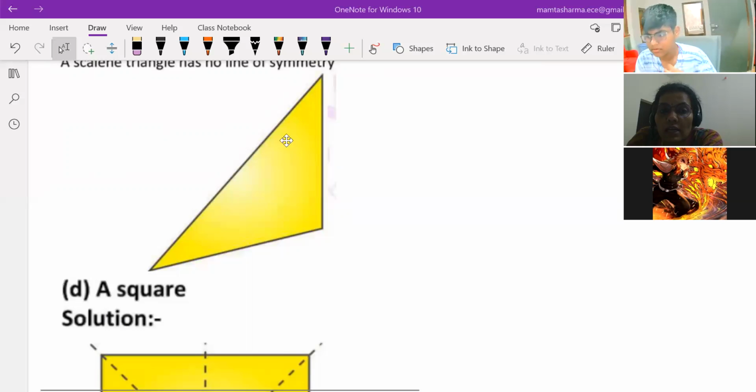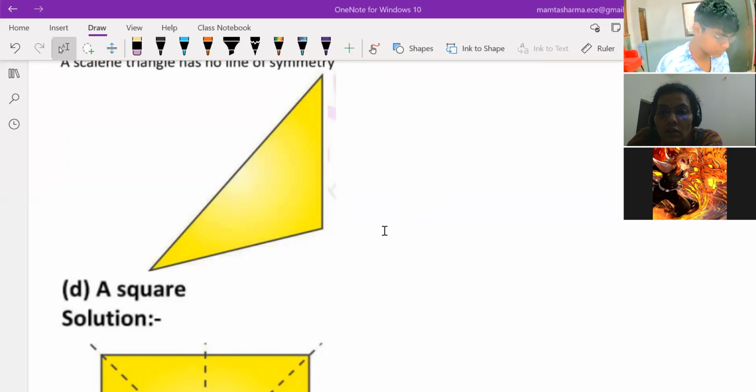You draw this scalene triangle on your paper. Okay, ma'am. Yes. Now cut it. Ma'am, should I use scissors? Yes, scissors, cut it.